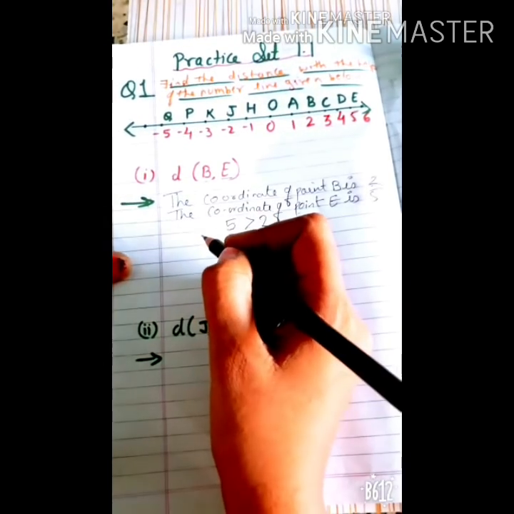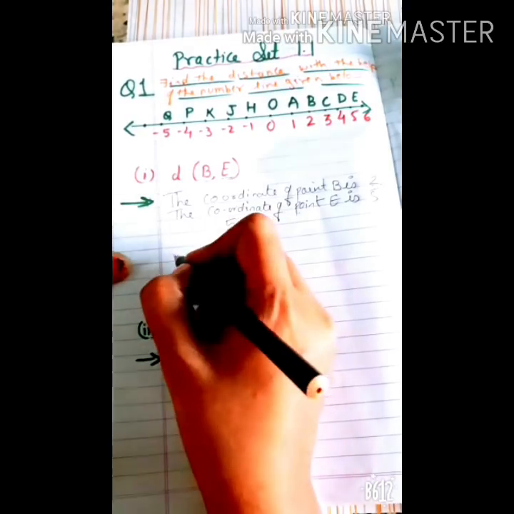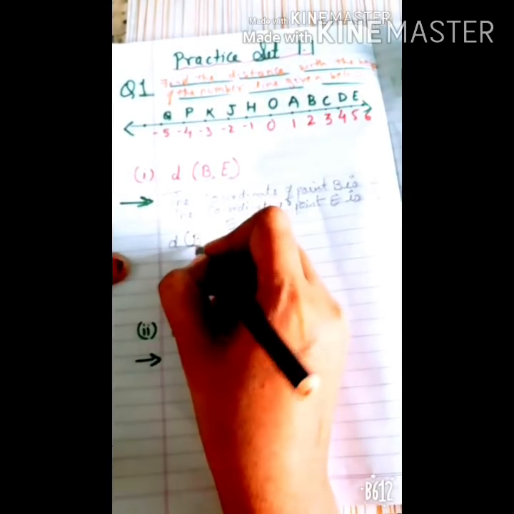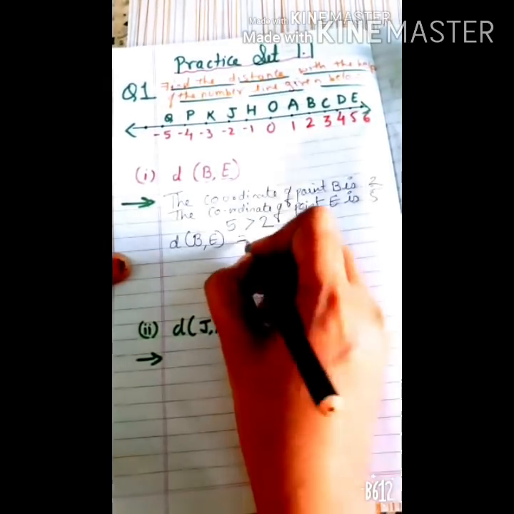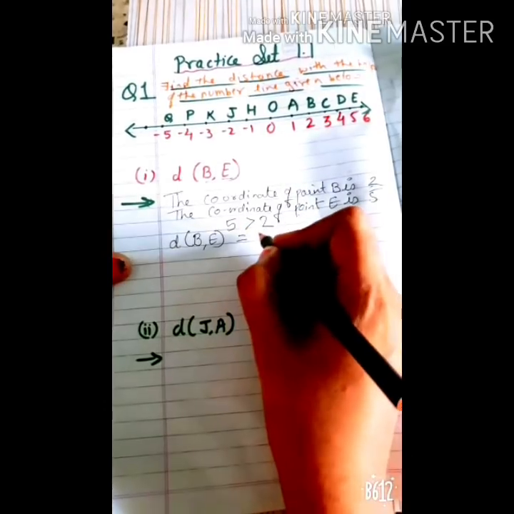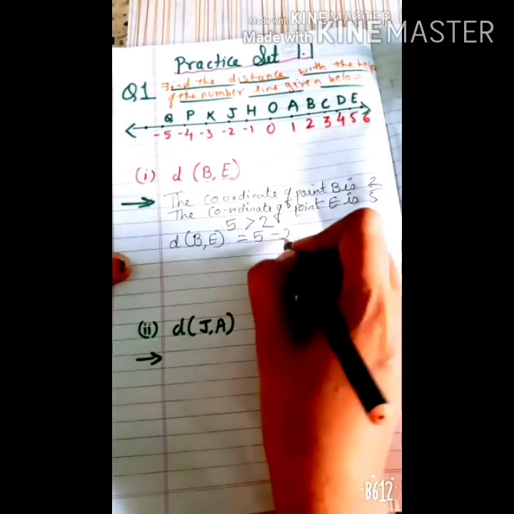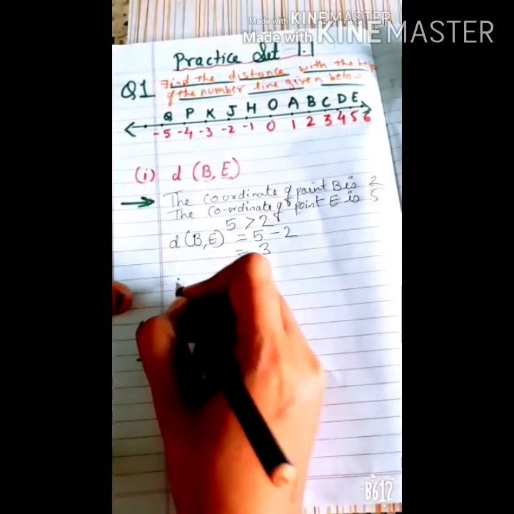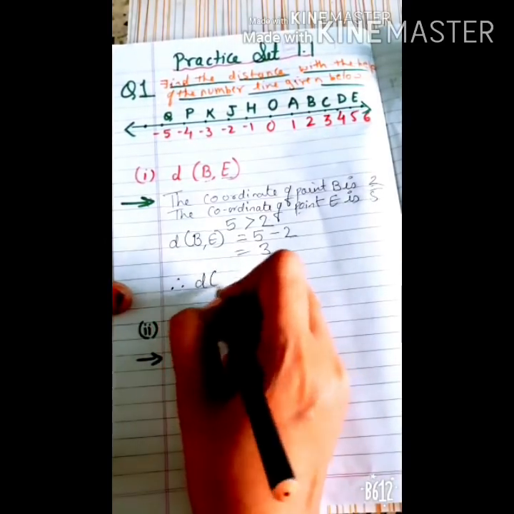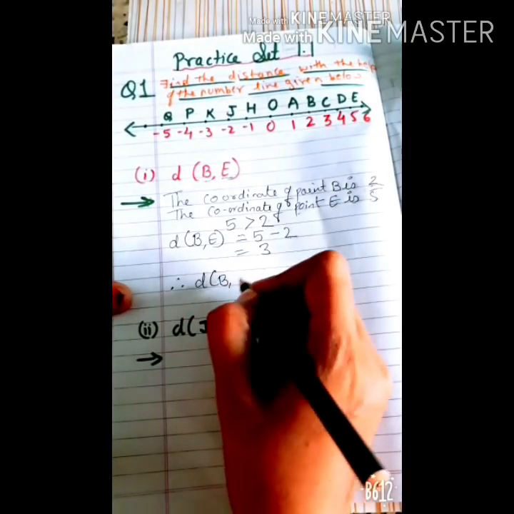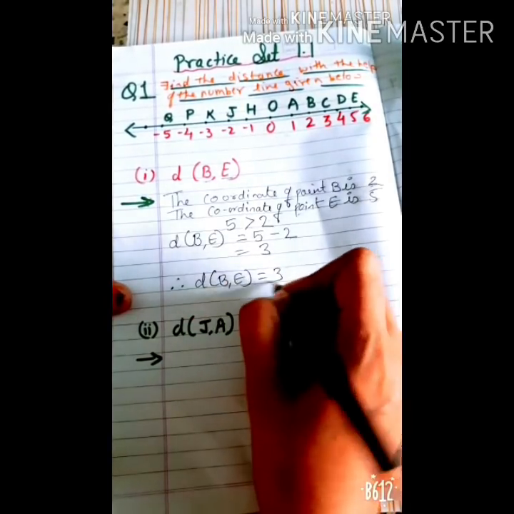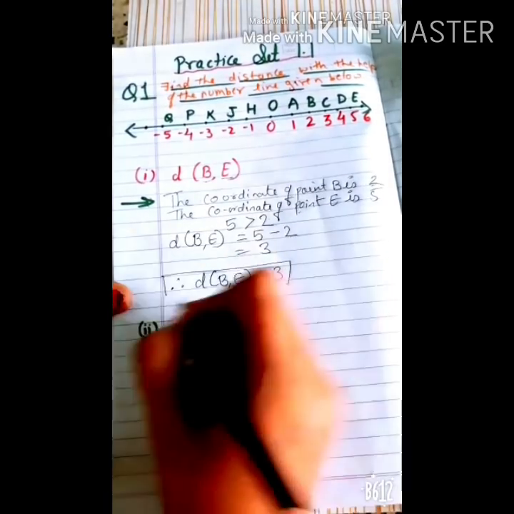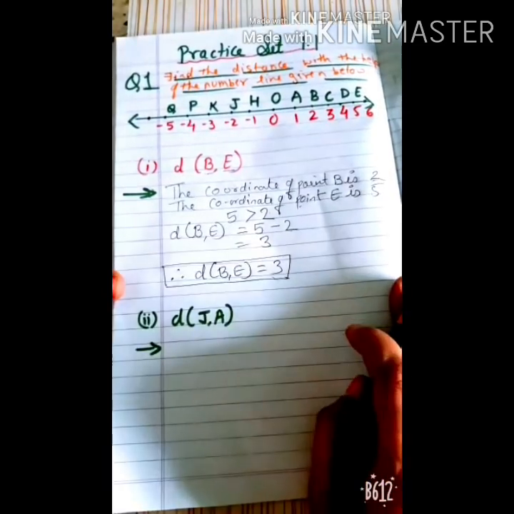Now we have to find the distance of points B and E. Distance of points B and E equals, the bigger number you have to take first, 5 minus 2. 5 minus 2 is how much? 3. Therefore, the distance between points B and E equals 3. Here we get the answer.